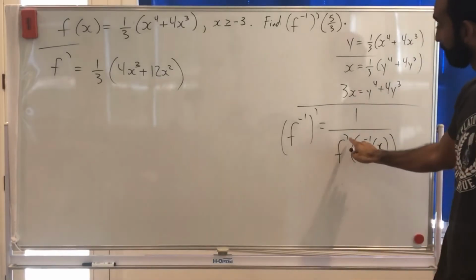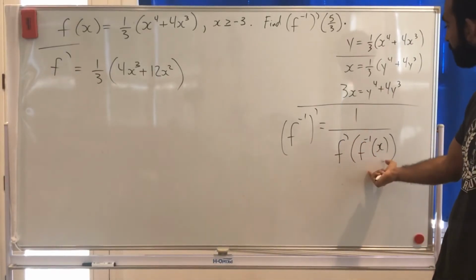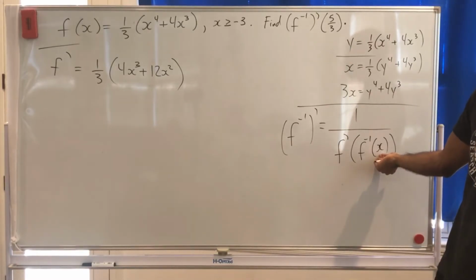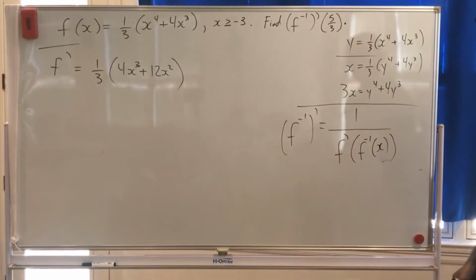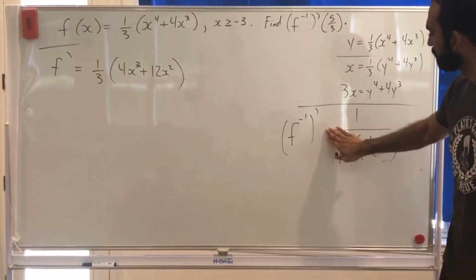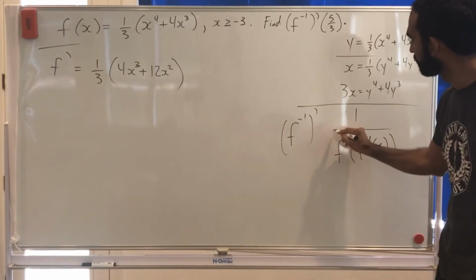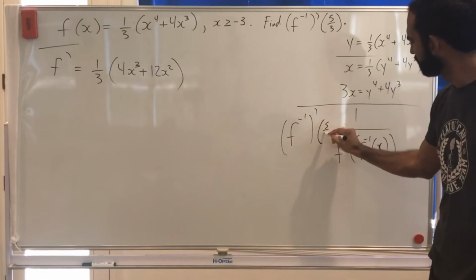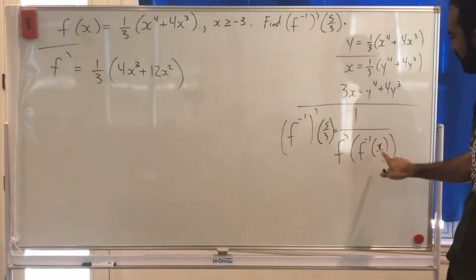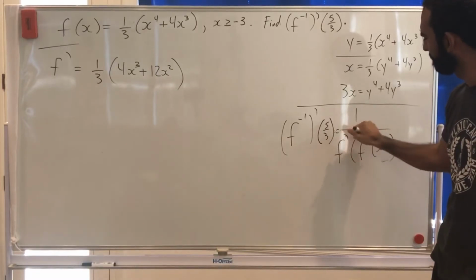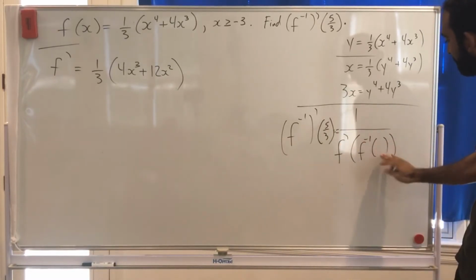So again, f prime of the plain old function evaluated at the inverse, evaluated at the x coordinate of interest. If I want to find the inverse derivative, I'm trying to find it evaluated at 5/3, yes? So I can take this x value and swap it out with what? 5/3, precisely.